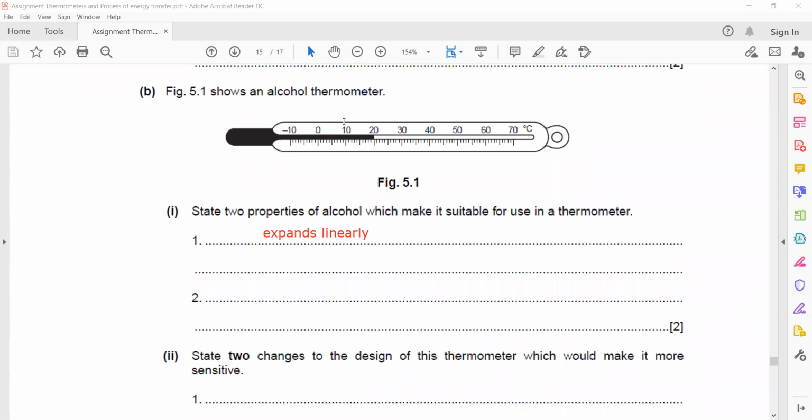Second thing, we want the substance inside the bulb to be in a liquid state, so it remains liquid for a greater range of temperature.